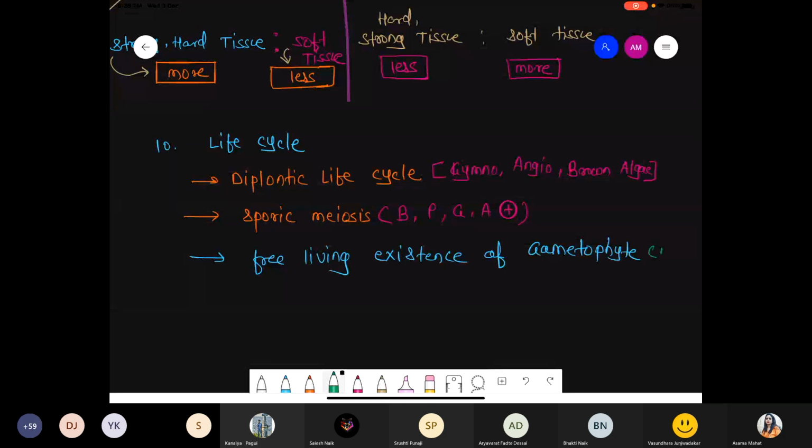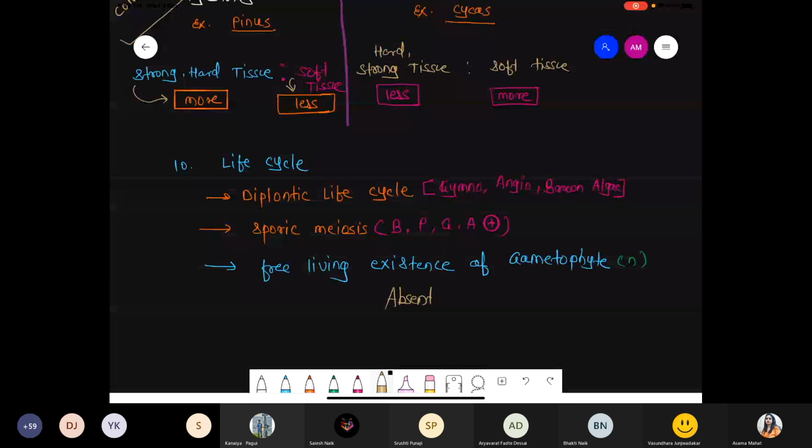Haploid condition, right? So free living existence of gametophytic body, they are totally absent. Got it? Yes. So these are the three important points with respect to life cycle of the gymnosperm.